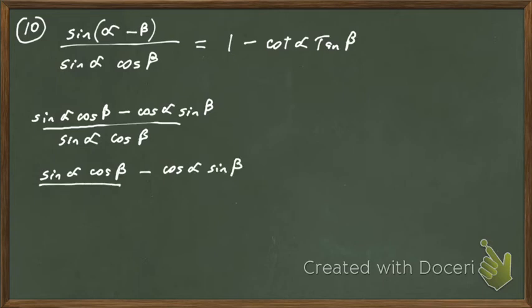And what is each of these divided by? Sine alpha, cosine beta, sine alpha, cosine beta. Do you agree these could cancel, making it 1 minus?